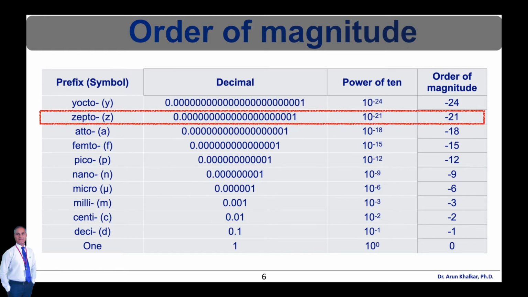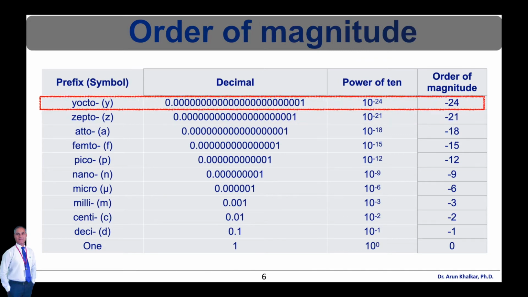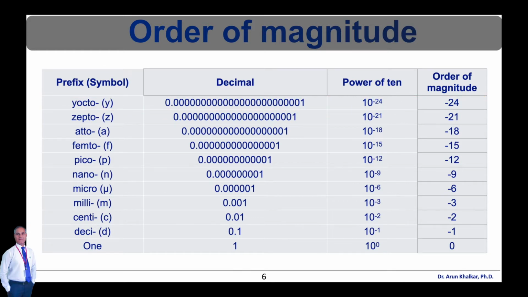Next is 10^-21, called zepto, with order of magnitude -21. Next, the power of 10 is 10^-24, called yocto, and the order of magnitude is -24. So this is the table which shows the order of magnitude for the lower values and their prefixes, and the symbols are shown in this table.